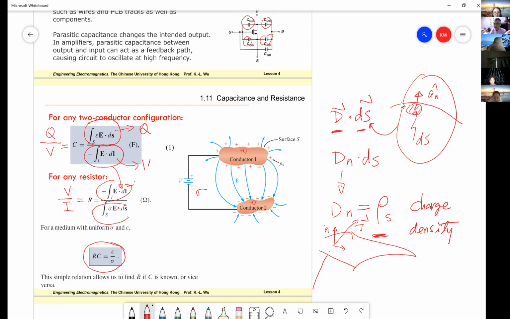Then tell me what is capacitance. As long as I can find the electrical field, I can find everything, right? So I can find the capacitance according to this. And also I can find resistance, because the permittivity is given, conductivity is given, capacitance you already found, then you know what is the resistance.